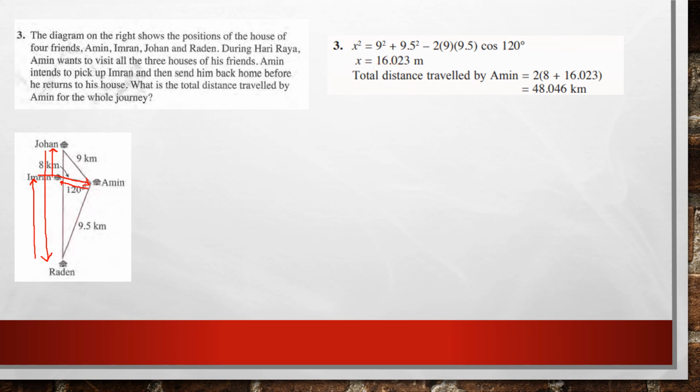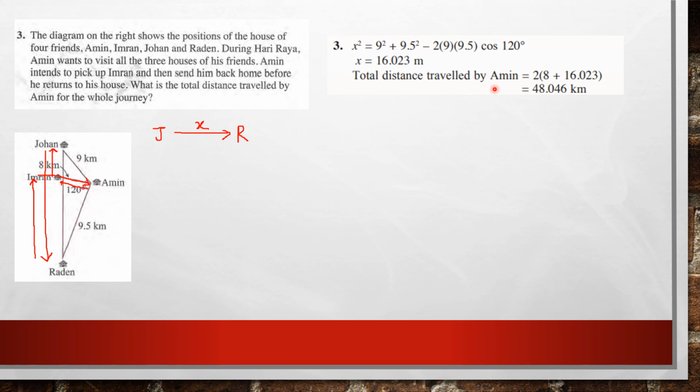Maybe we can label the distance between Johan's house and Radin's house as x. So x square equals 9 square plus 9.5 square minus 2 times 9 times 9.5 cos 120. So you square root it, you will get 16.023.